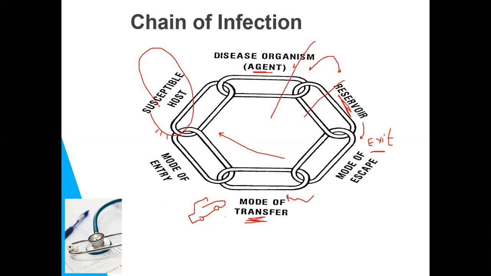Portal of entry, as we mentioned in the portal of exit in the reservoir, if the reservoir is human, the portal of entry will be the same also, like respiratory, like GI, like sexual, like urinary, and so on. عشان يدخل في الهوست. عندنا الهوست itself, also one of the infection chain. If there is no host, no infection. So we can also play on this factor by using some medications, boosting the immune system, and so on.